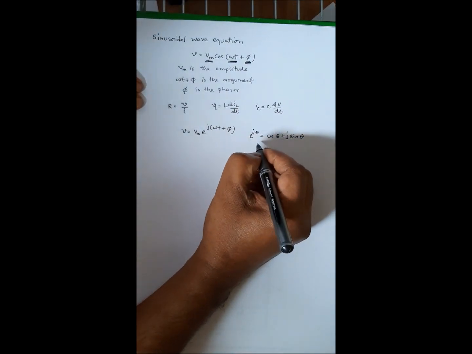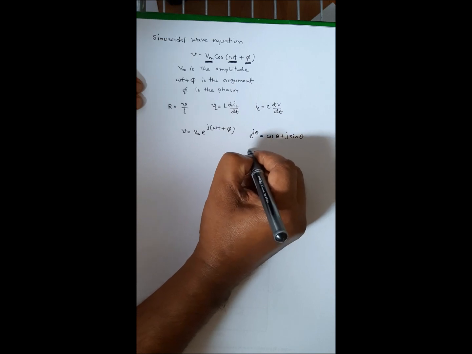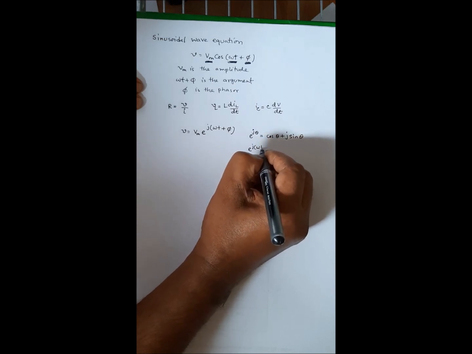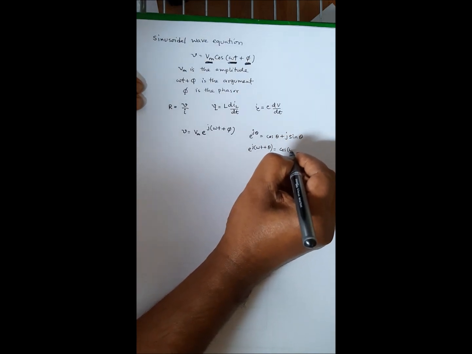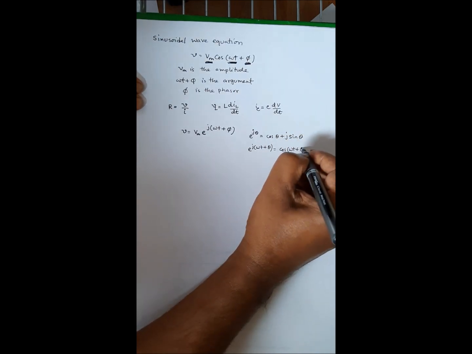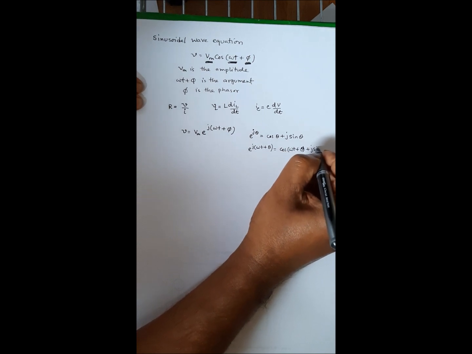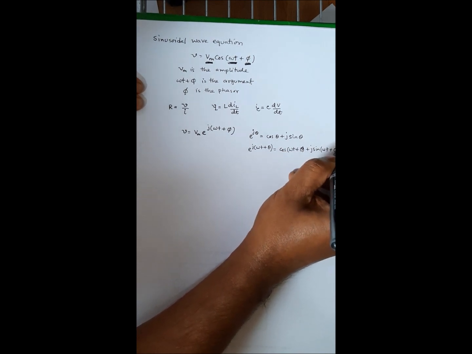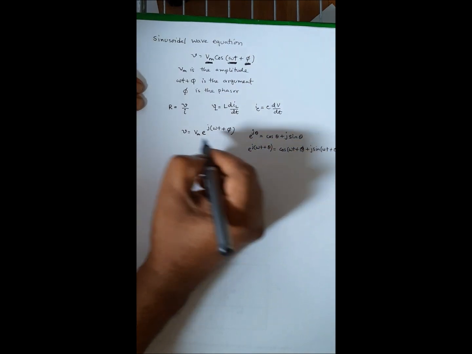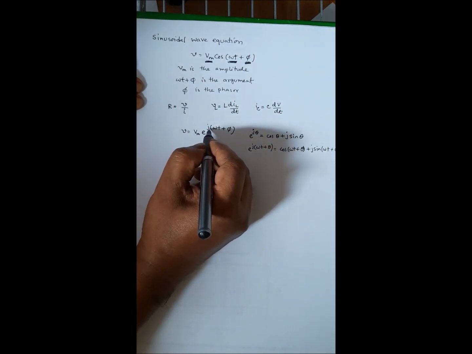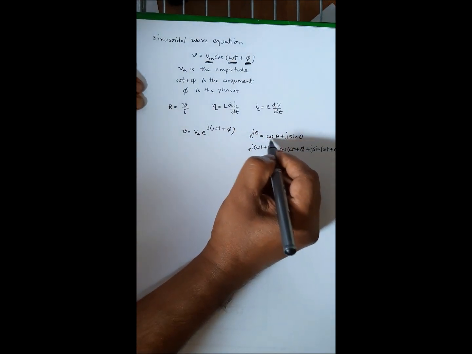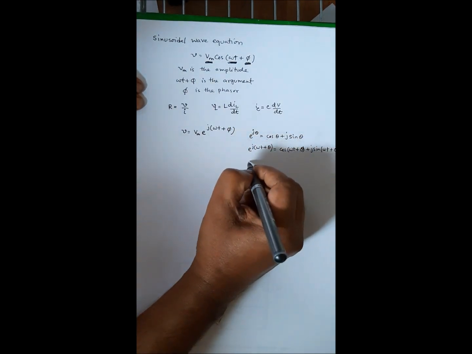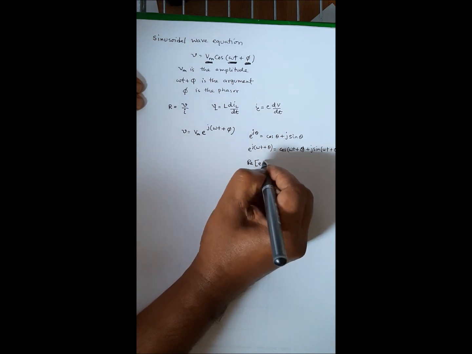So now if we want to write e to the power j omega t plus theta, this will be cosine omega t plus theta plus j sin omega t plus theta. So if you write the expression in terms of e to the power j omega t plus theta, it includes both cosine and sine. If I want to get only the cosine, we should take the real part of this expression.